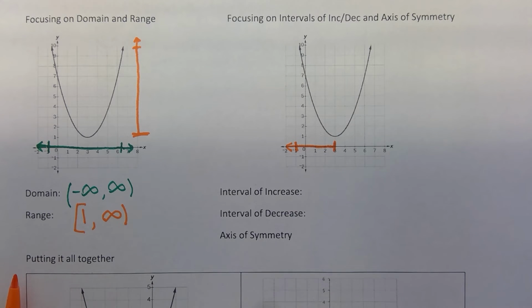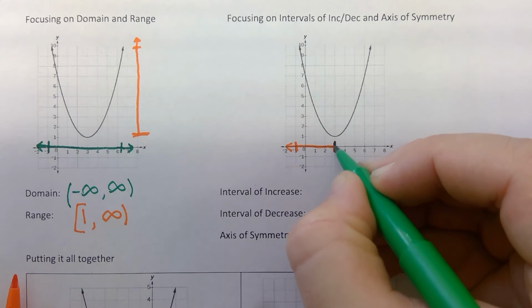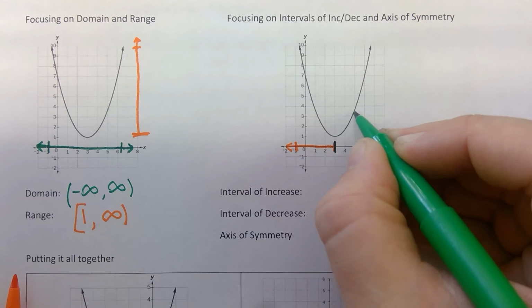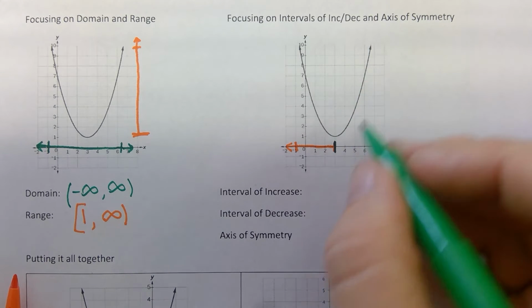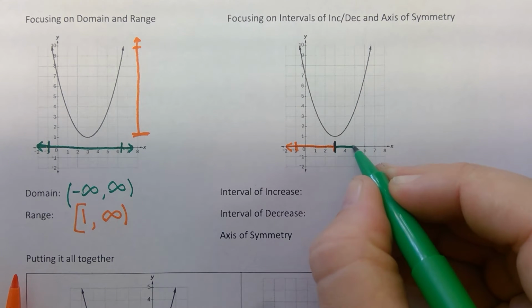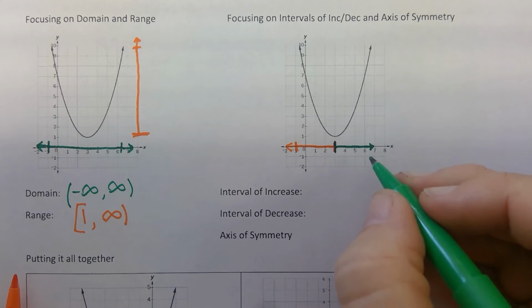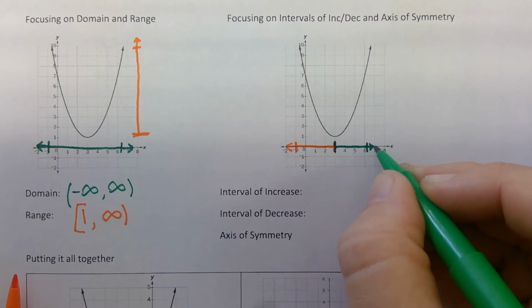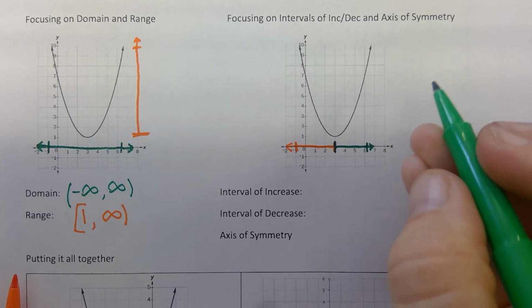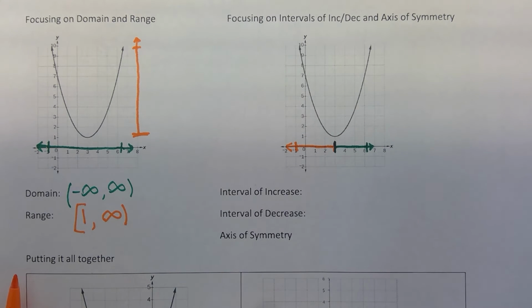Now my function is going up to the right, so draw a straight line. It's going up, up, up, up. I get an arrow. Since it stops, I'll draw a straight line, and then an arrow because it has an arrow on the end here. Now let's make these into intervals.